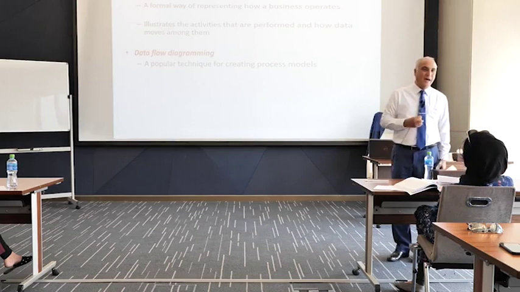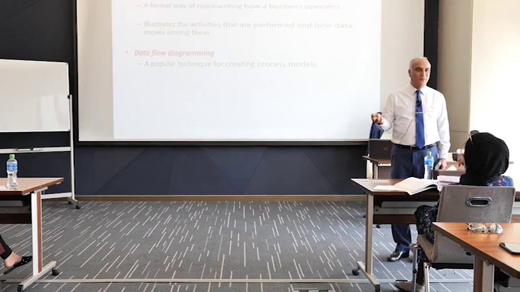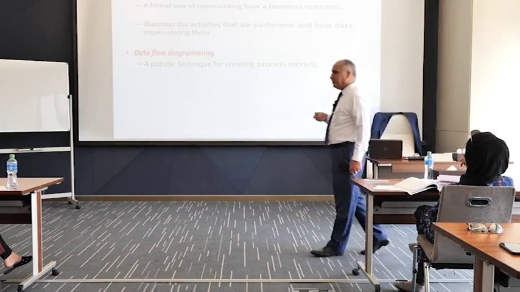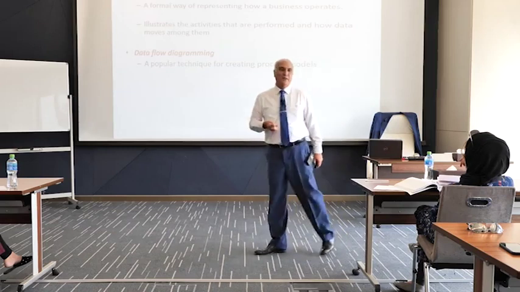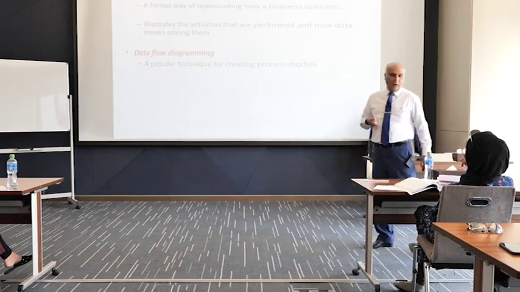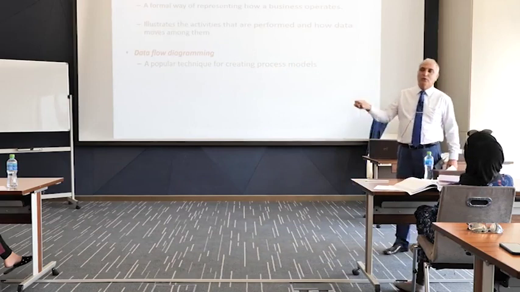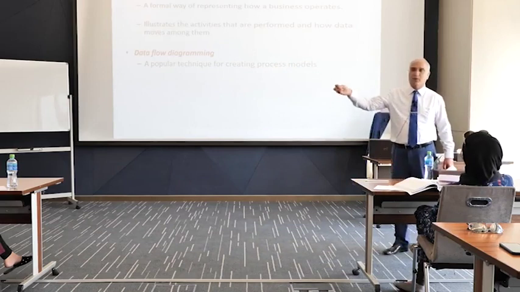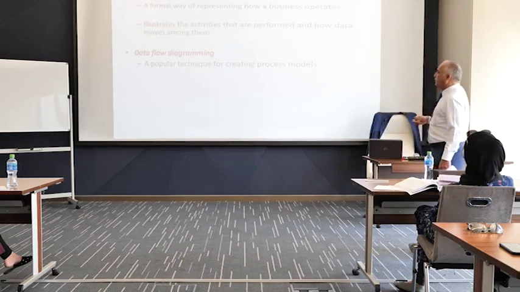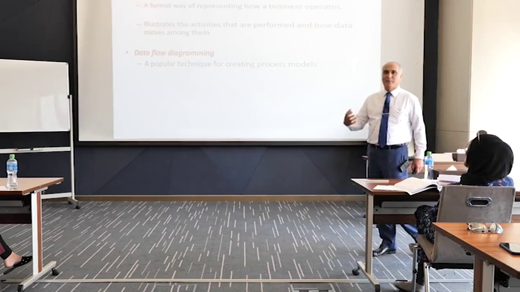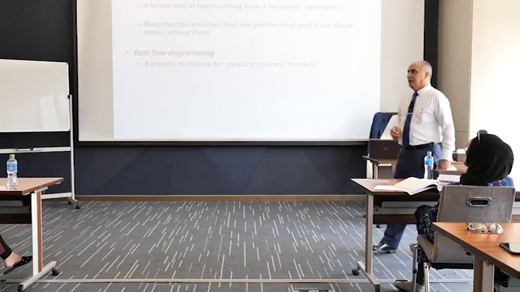We discussed that by doing either business improvement, automation, or business process re-engineering. That will result in a very well-defined process of how we are going to conduct a customer order. So a formal way of representing how a business operates, we call a process model.